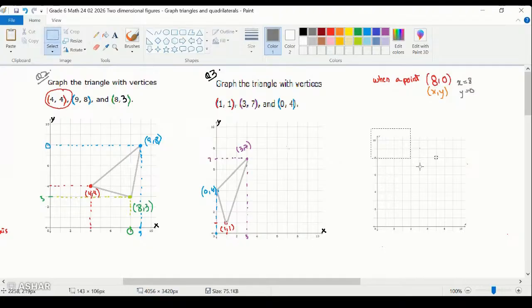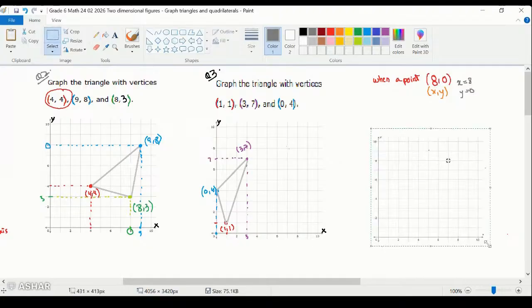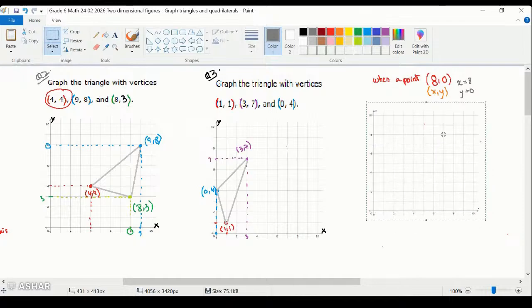Agreed? So in this kind of scenario, this point would lie on the x-axis, the horizontal axis, because y was 0.